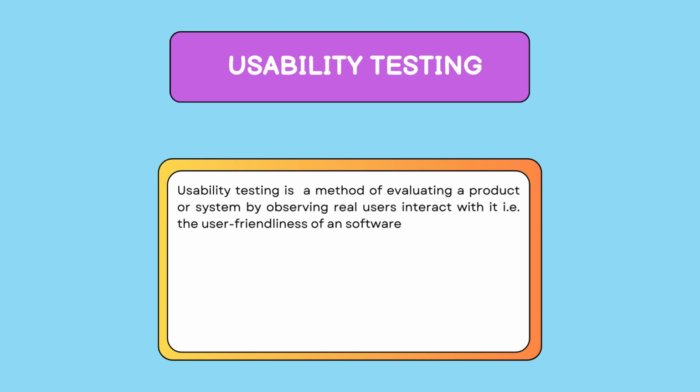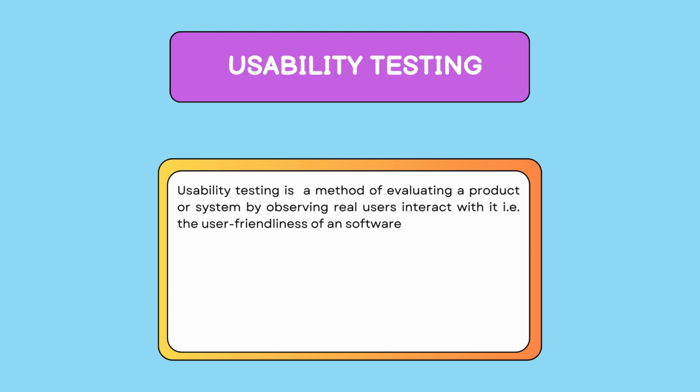Every feature of the application should be user friendly. The primary goal of usability testing is to ensure the product is easy for users to understand, to navigate, and to accomplish their task efficiently. So in this type of testing, we have to consider ourselves as a user, and we have to check the user friendliness of the software. So this is a simple definition or the meaning of usability testing.